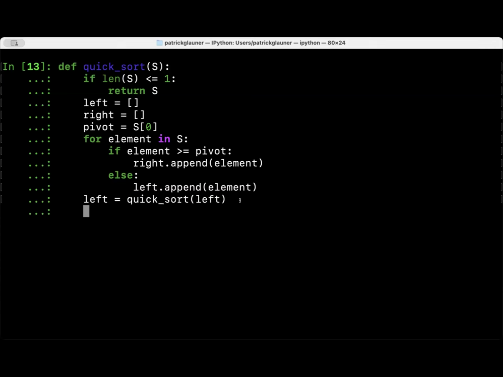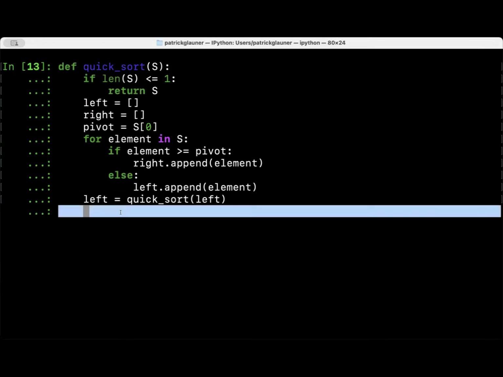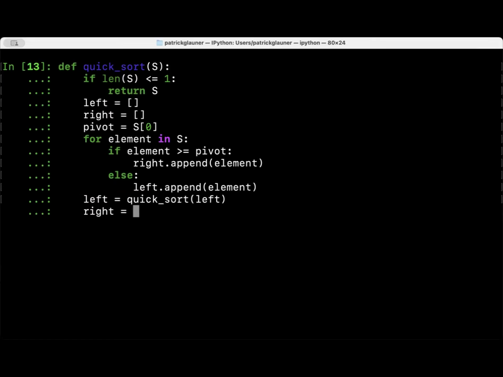And what will come back from quicksort at the very end in this recursive call is a sorted list left. So I'm doing the same recursively with right, and I am getting something sorted back from right. And then I just need to glue them together and I'm done.